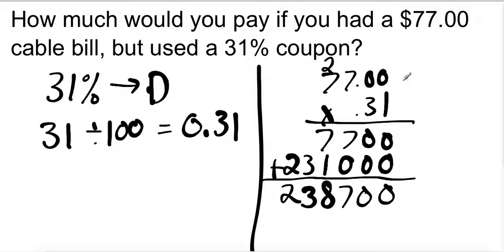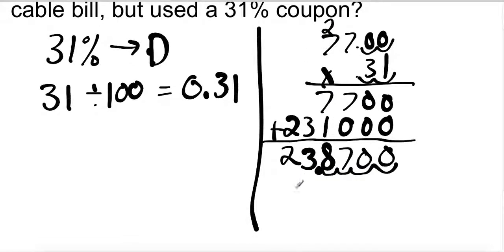And we also need to carry over our decimal point values. So again, we have 1, 2, 3, 4 numbers behind the decimals. So we're going to move over 1, 2, 3, 4. So I see with our coupon, we're actually saving $23.87.